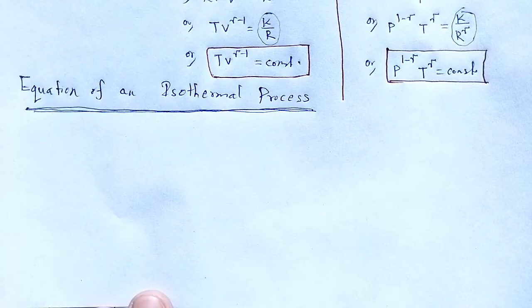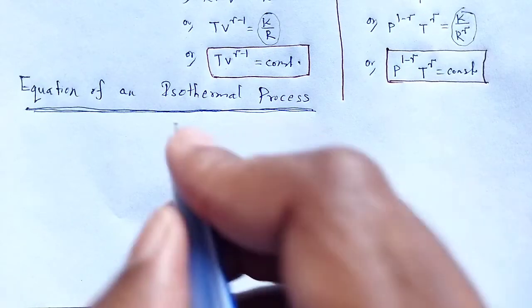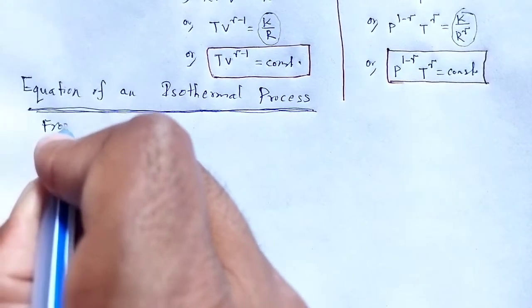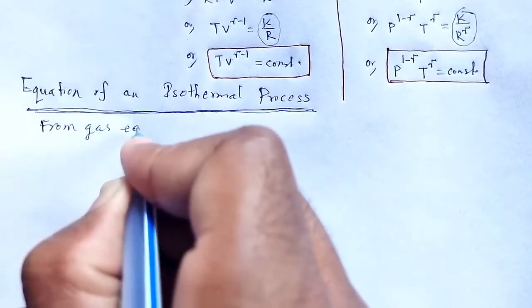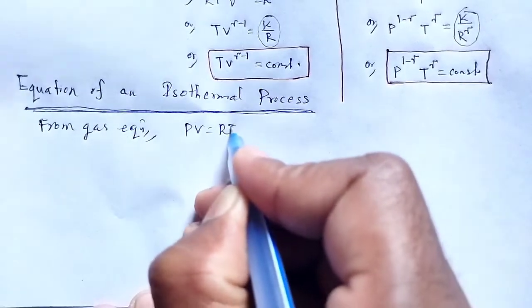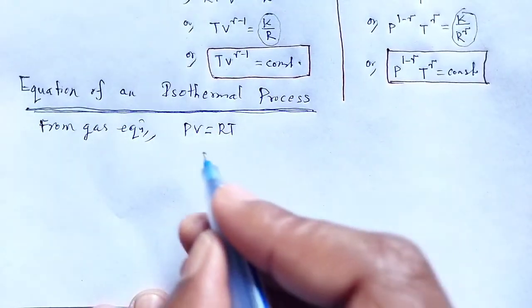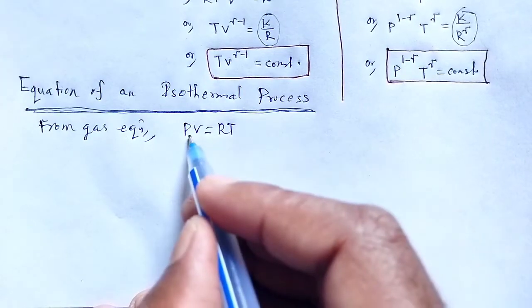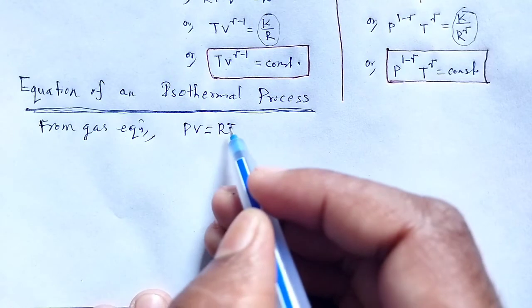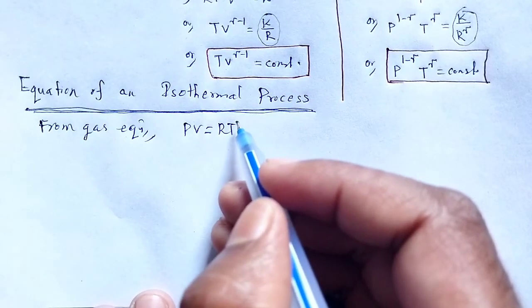Again we consider 1 mole of an ideal gas. From the gas equation we write PV is equal to RT. Here P is the pressure, V is the volume, R is the universal gas constant, and T is the temperature.